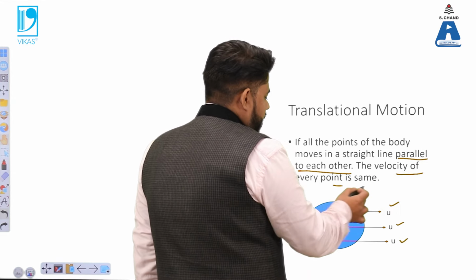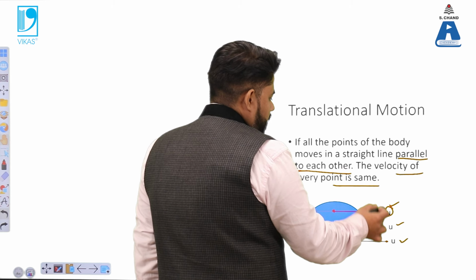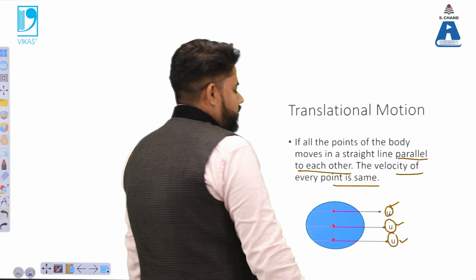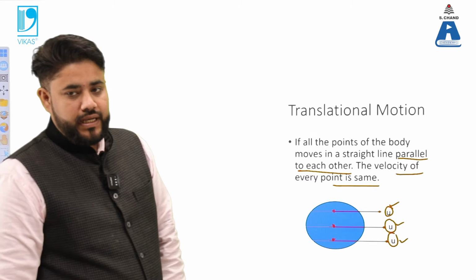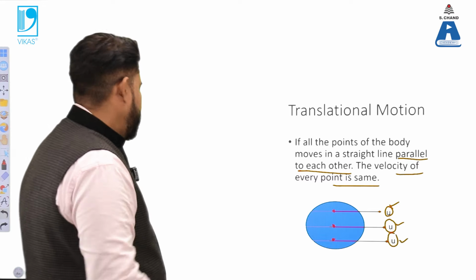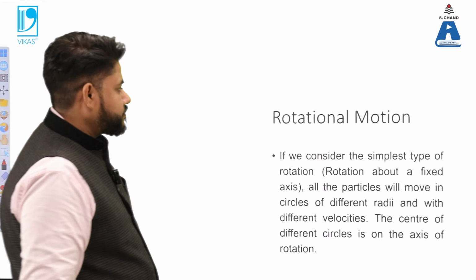So here you can see that the velocity of those points is the same. So this is called translational motion.